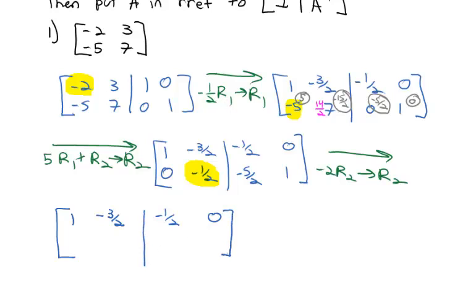The bottom row, when we multiply by negative 2, is 0, 1. Negative 5 times negative 2 is positive 10 over 2, which is 5. And 1 times negative 2 is negative 2.